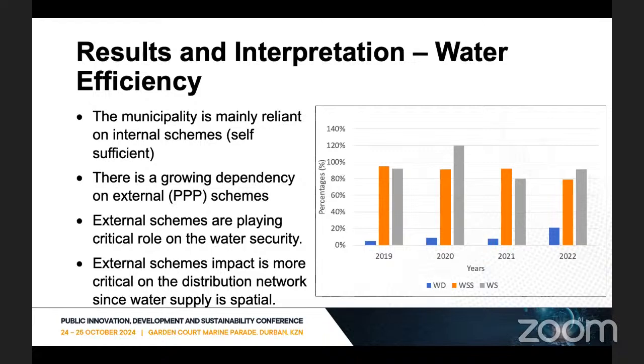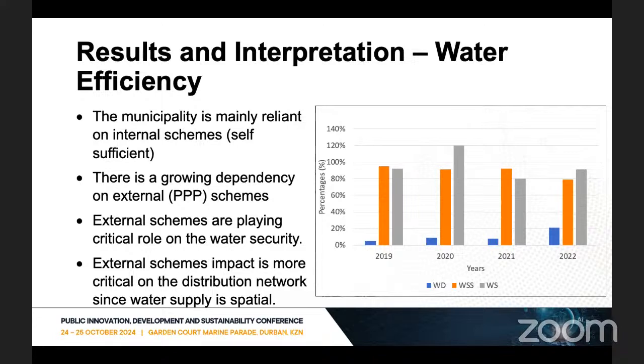I basically looked at water efficiencies as one of the ways of analyzing the efficiency of the interventions made. The study reflected that the municipality is mainly reliant on internal schemes, because the main schemes are built at a bigger volume as opposed to the current augmentation schemes.